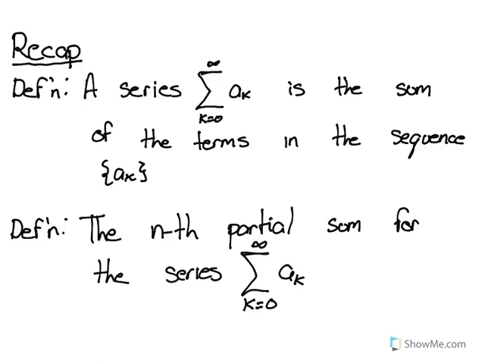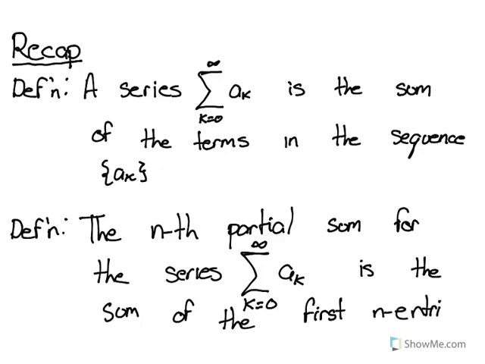Of course, k equals 0, k equals 1, it doesn't matter where the series starts. The series ak is the sum of the first n entries. So in this case, since I'm starting at 0, I would go a0 plus a1 plus a2 all the way up to an.